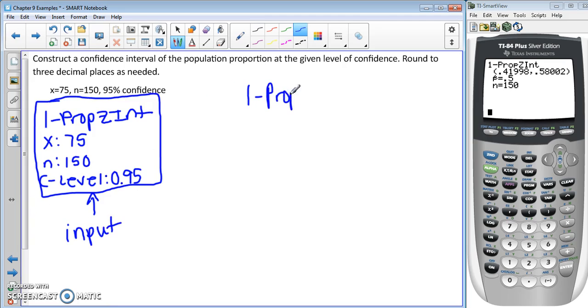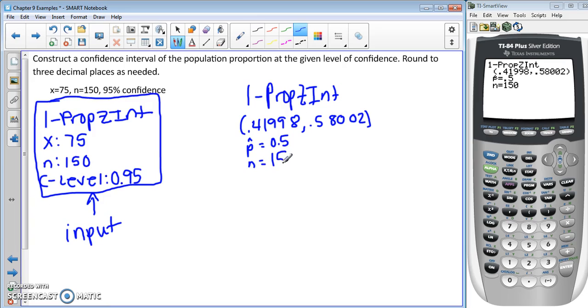So what do those values represent? We have 0.41998, comma, 0.58002. So that's my confidence interval. And then we have p hat, our point estimate, which is 0.5, and then it tells us our sample size.